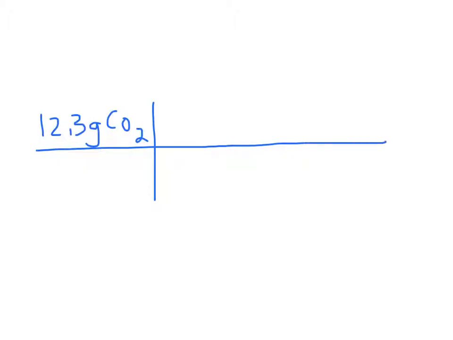So the problem I gave you says, use the information you just wrote to help you determine the number of oxygen atoms in 12.3 grams of carbon dioxide. Now using molar mass, we can convert grams of carbon dioxide into moles of carbon dioxide. And remember, we call this thing right here molar mass.